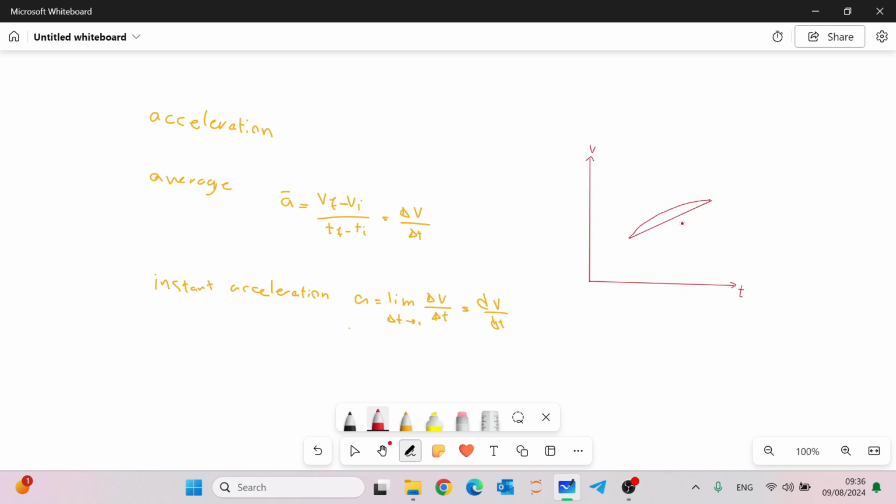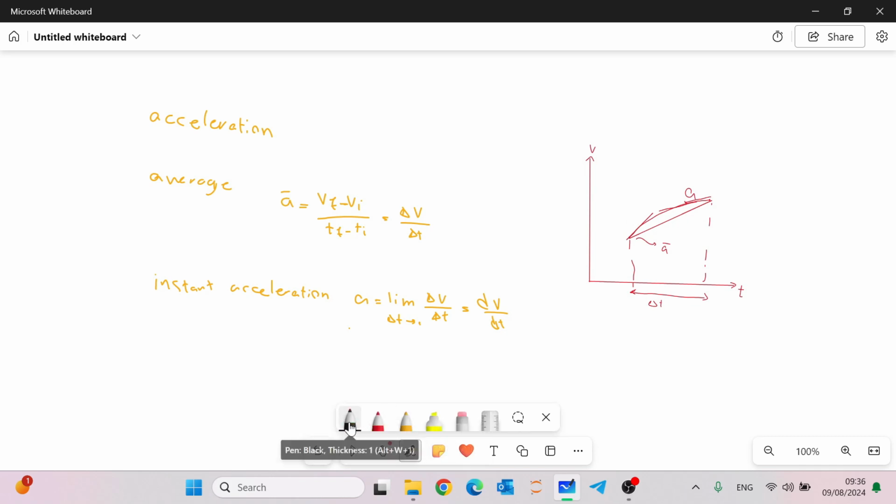The slope of this line would be your A bar. But if I reduce the time interval, this is my time interval delta t, if I reduce it, for example, to this point, it would be a tangent line to this point. So the slope at this moment would be my A. Here again, the same.